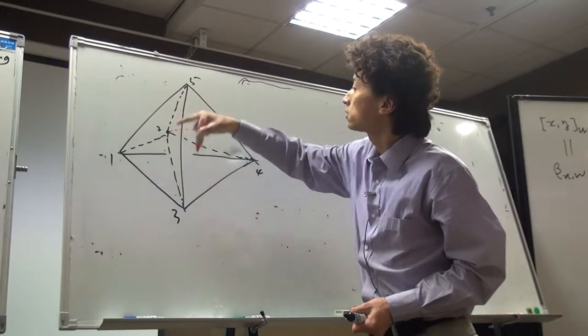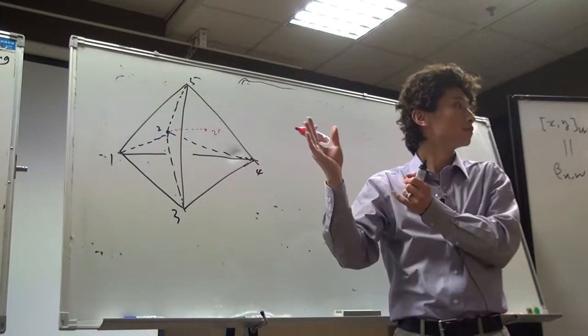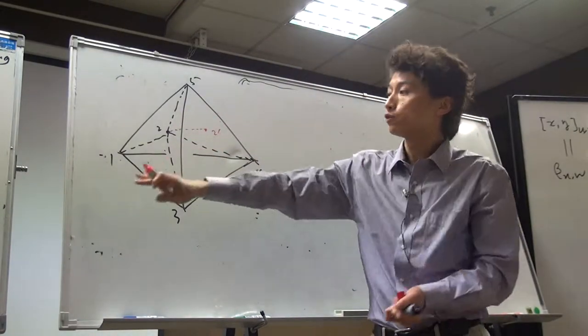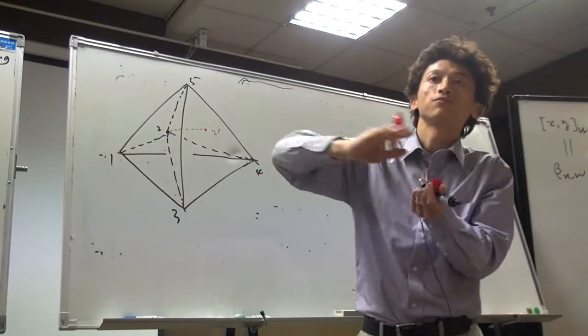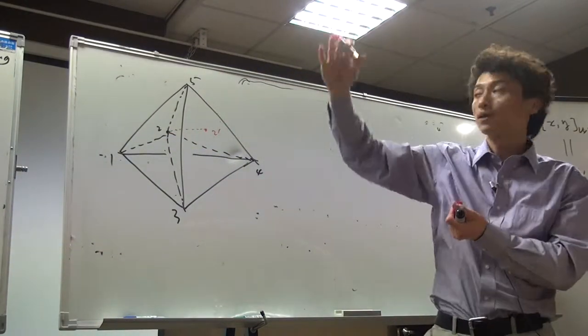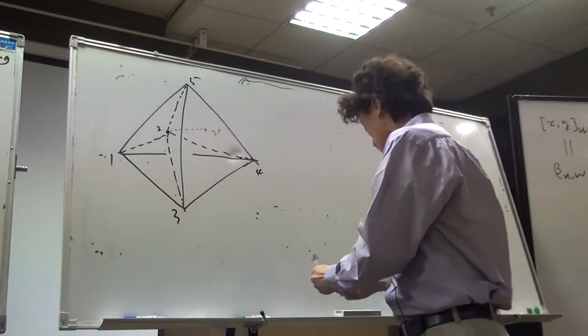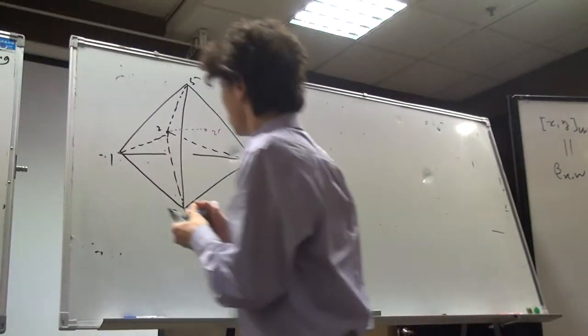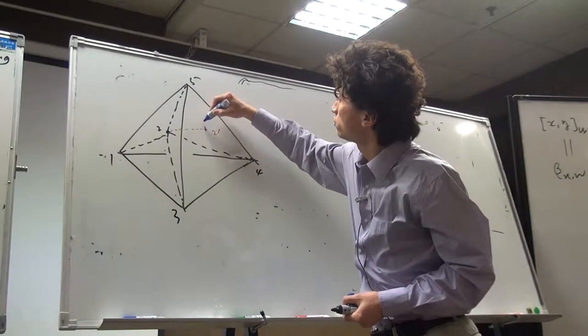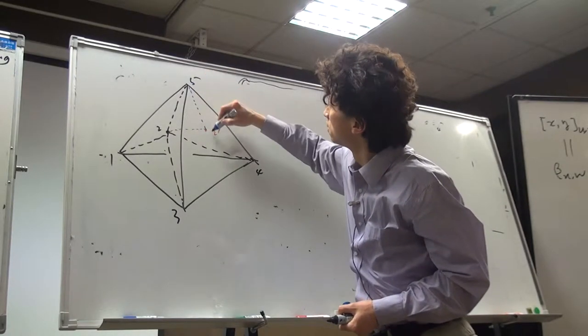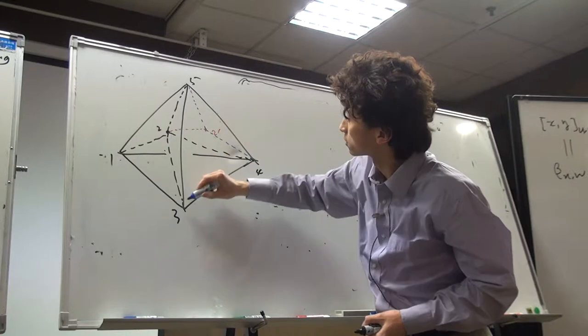This is along the time dimension, right? You're moving the original three-dimensional slice of space to a new slice of space. This red line is along the time dimension. And then maybe use blue color to connect 2 prime to all the other original vertices.